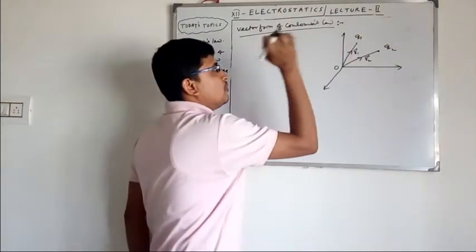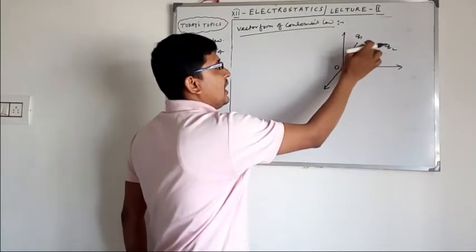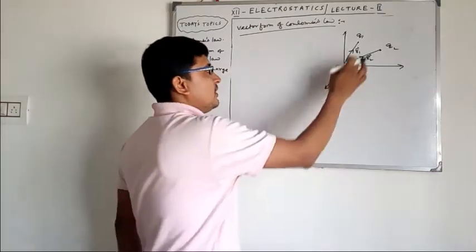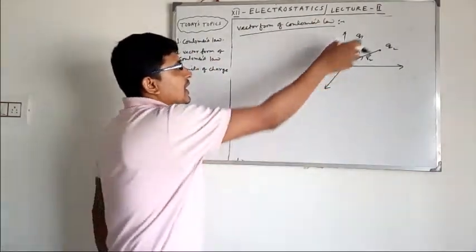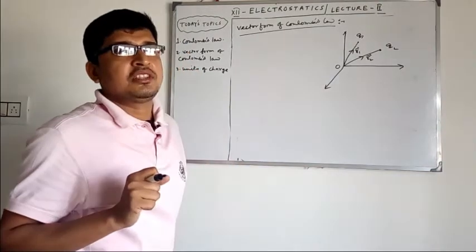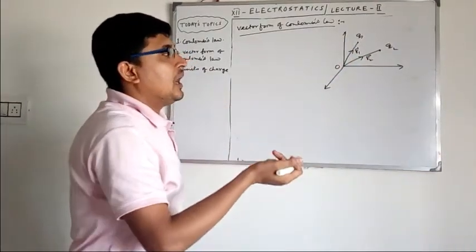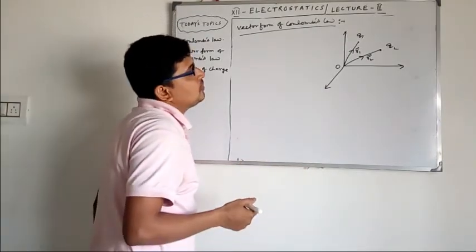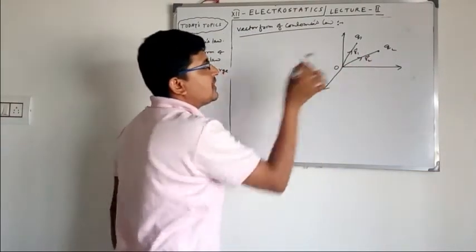So the position of the q1 charged particle is r1 and this is r2, represented by the two position vectors r1 and r2. Now we have to calculate the amount of force between the two charged particles, that means the mutual force between them in vector form.